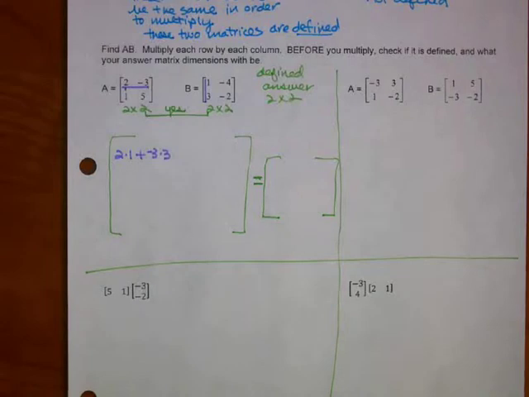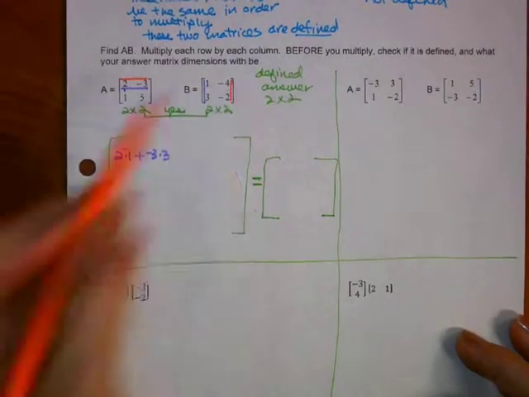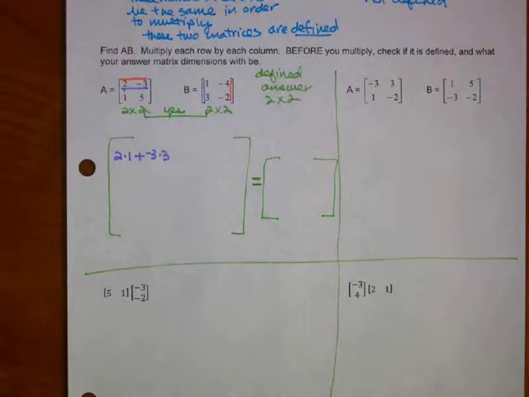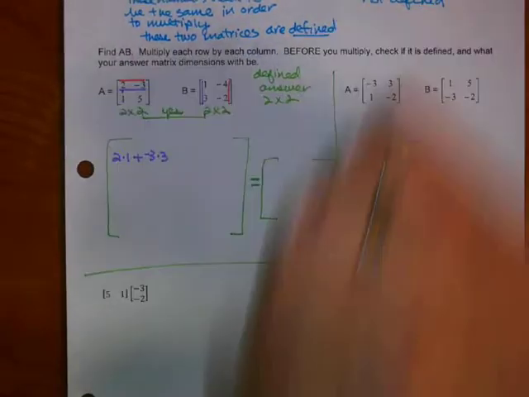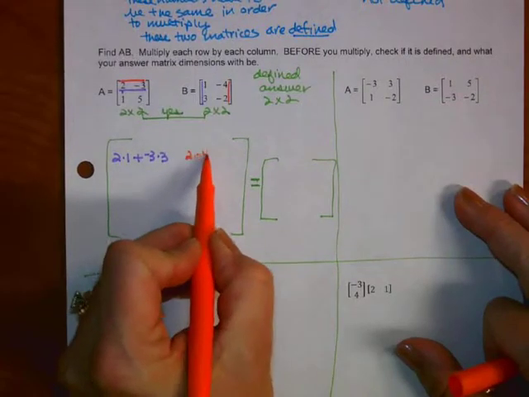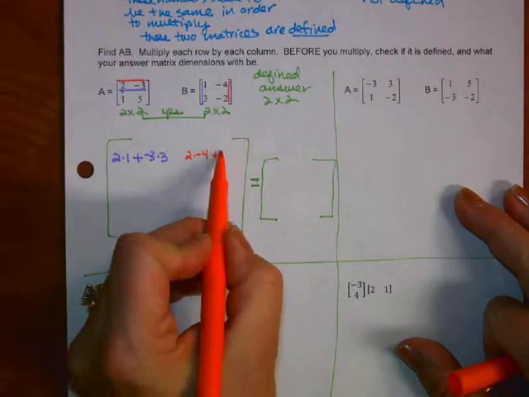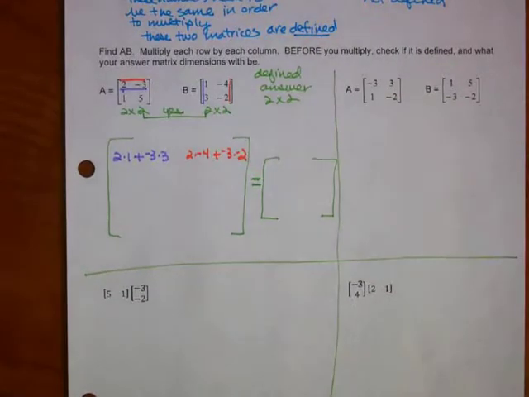So I'm multiplying each row by each column. I still have to multiply the top row by this column, and that'll be my upper right element. So I do 2 times -4 plus -3 times -2. Top row, right column.